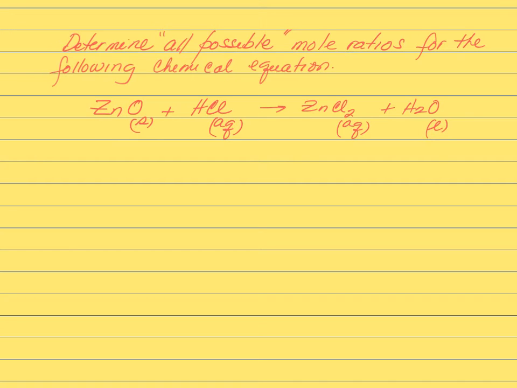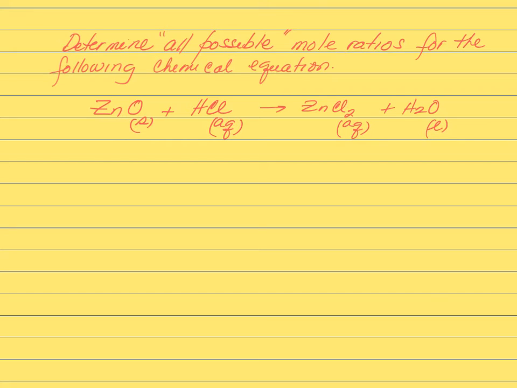Okay, so you need to find the possible mole ratios for the following chemical equation. The first step is just to analyze what you have in there. You have to ask yourself, is my chemical equation balanced? I don't think that's balanced, because over here you have 1 chlorine and over there you have 2 of them. And you have 1 hydrogen over here, and over there you have 2.